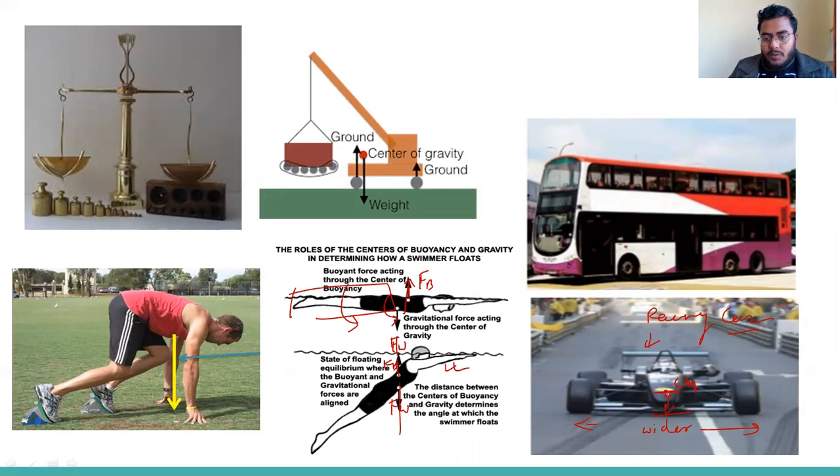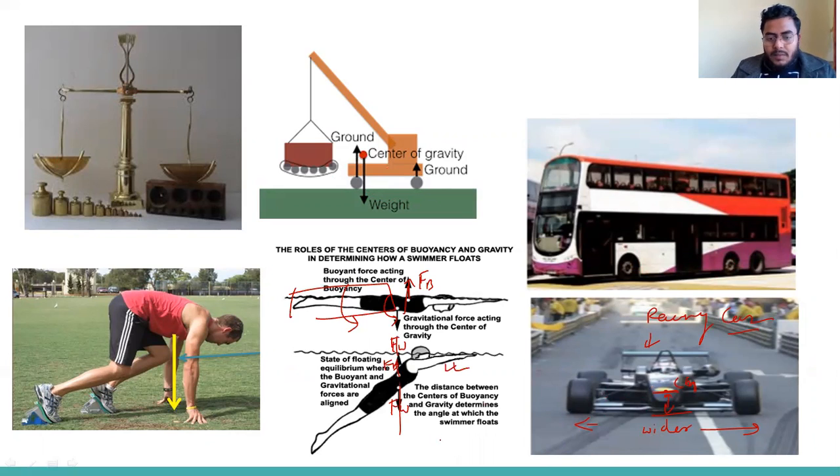So the distance between the center of gravity and the ground should be minimum. By doing this, there is very little chance of toppling, and it will be safe for higher speed also.